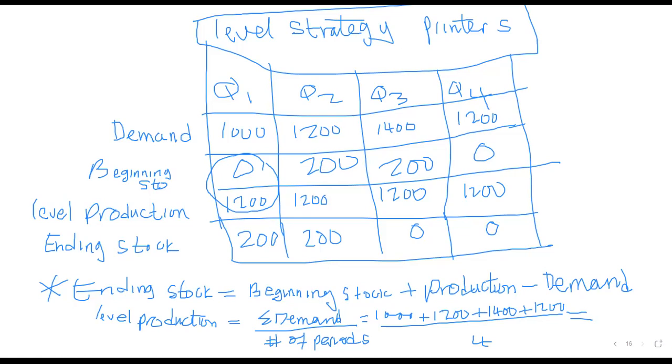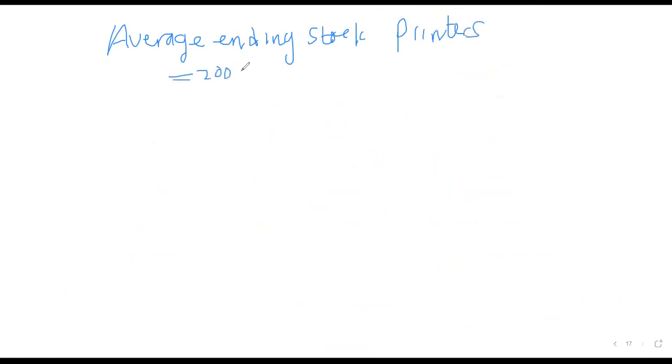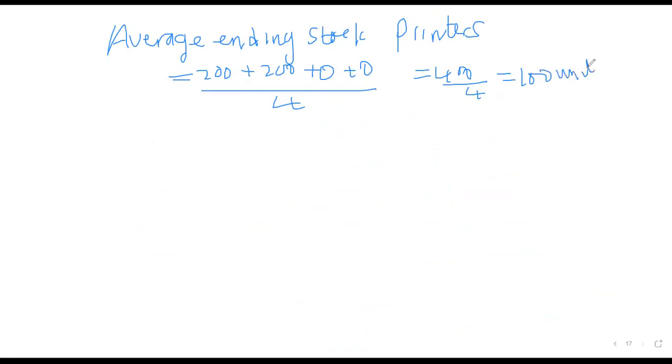So the average ending stock for printers is equal to 200 plus 200 plus 0 plus 0 divided by 4, which is 400 divided by 4, which is equal to 100 units.